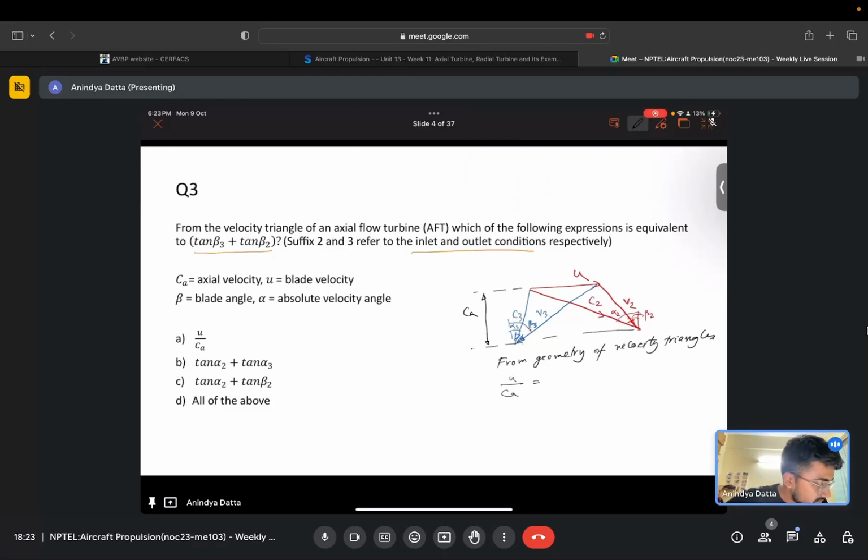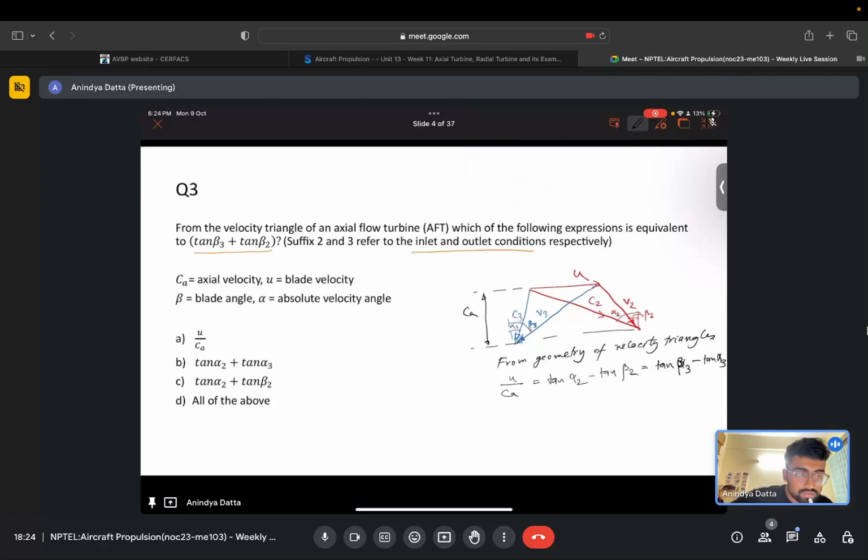U by CA is equal to tan alpha 2 minus tan beta 2. This is from the inlet velocity triangle. And from the outlet velocity triangle, U by CA is equal to tan beta 3 minus tan alpha 3. These are the kinematic relations from the geometry of velocity triangles.